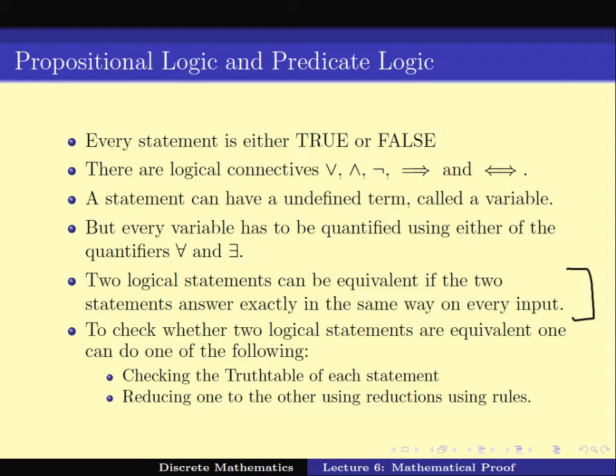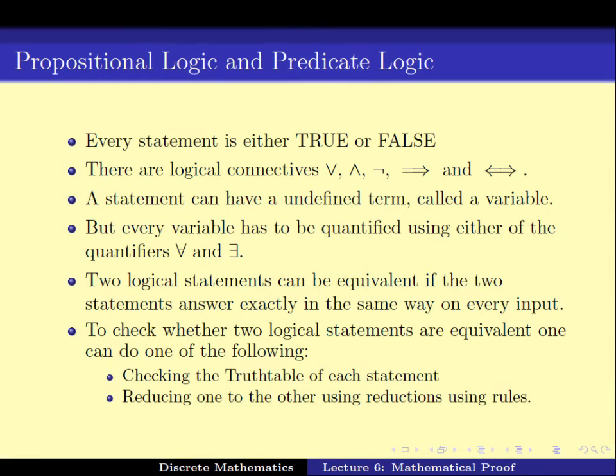Two logical statements are said to be equivalent if the two statements' answers are exactly equal on every input. And this can be checked either by using the truth table or by reducing one to the other by using some standard rules. I hope that you remember all the propositional logic and predicate logic that was done last week.